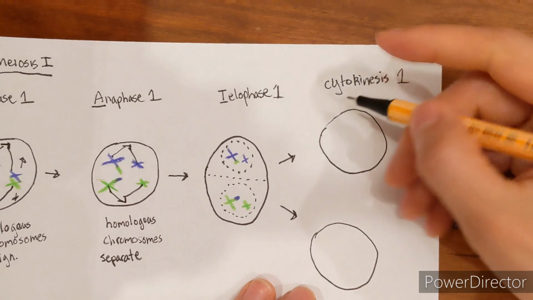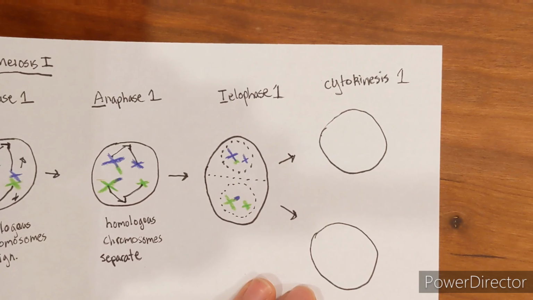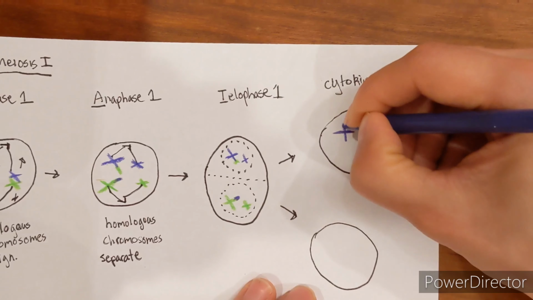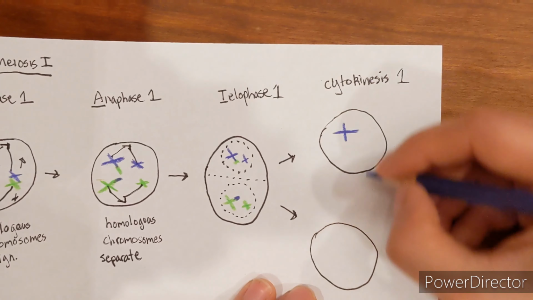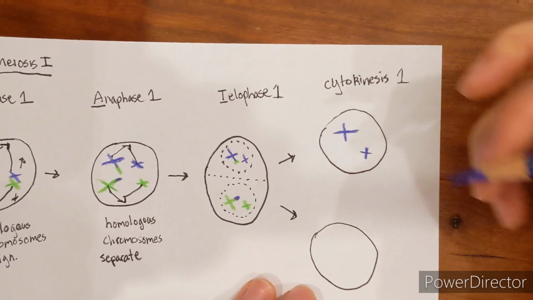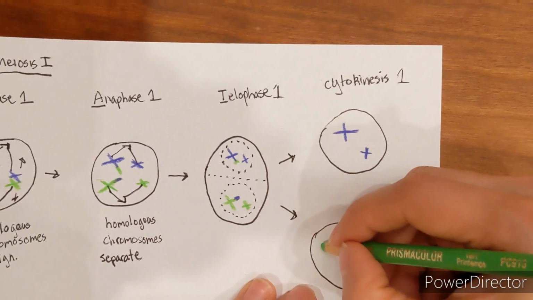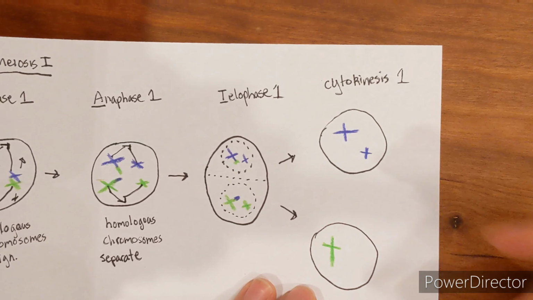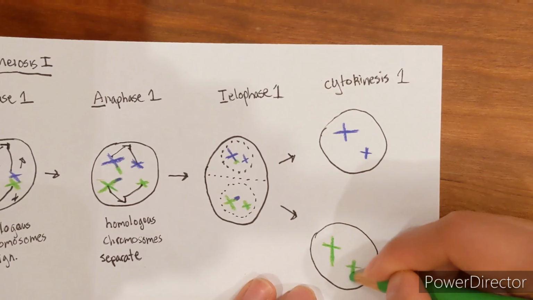Something along the lines of this. I apologize, I misspoke earlier. The nuclear envelope doesn't actually reform because you're about to go through your division again, so it wouldn't make sense to form it and then break it down right away. This is what makes telophase 1 a little special.